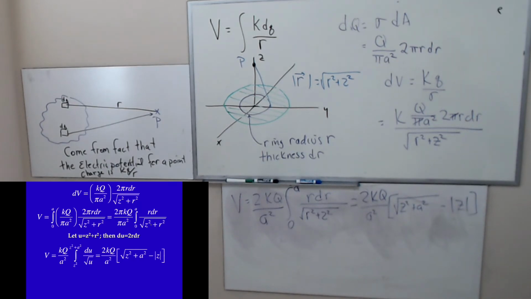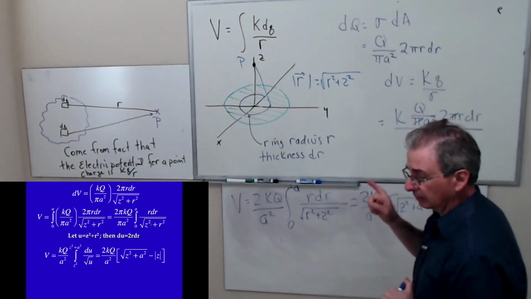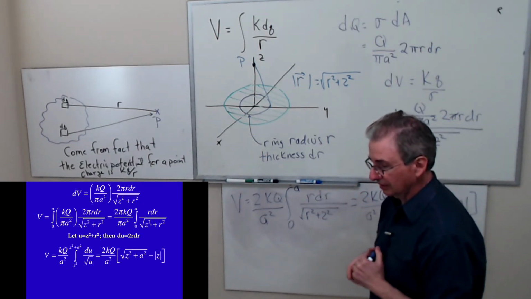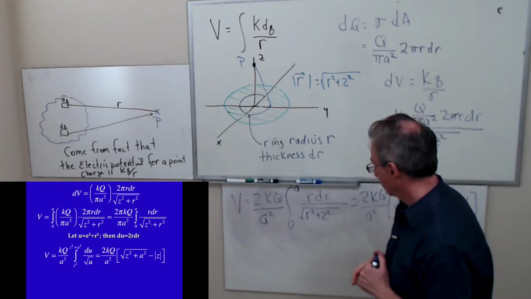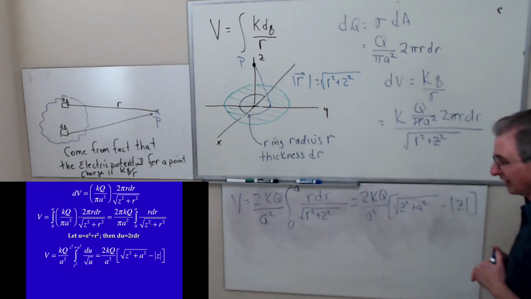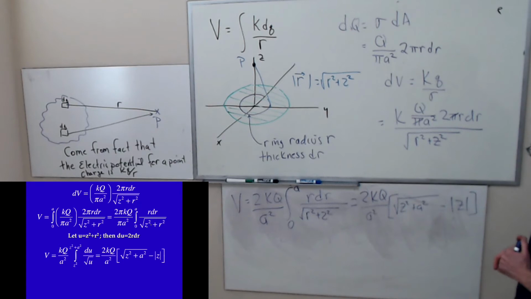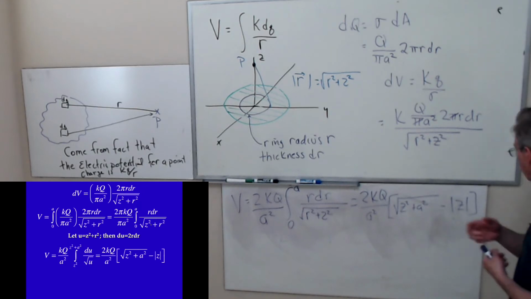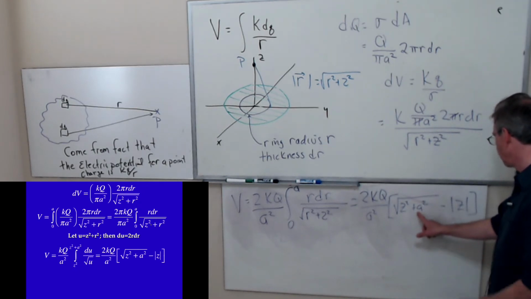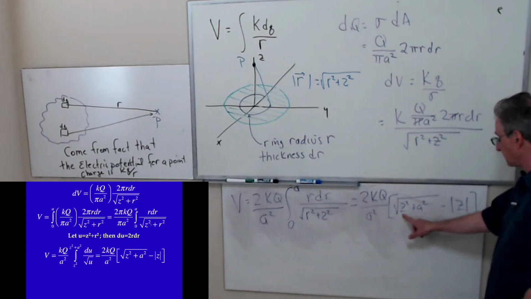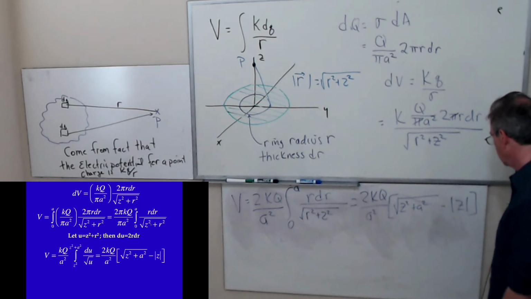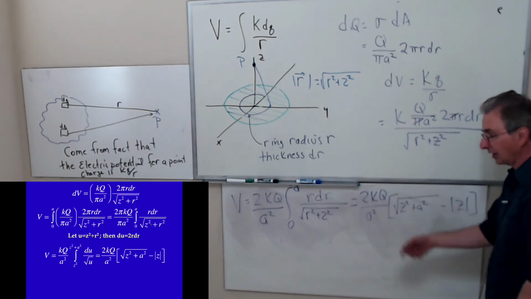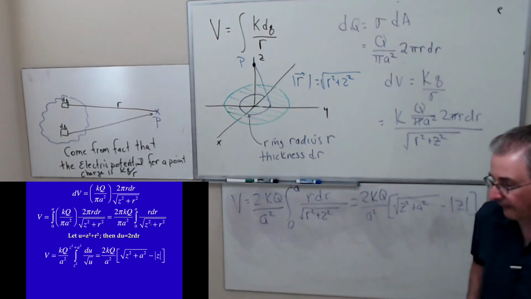Well, what if you're really far away? Then a looks like 0, so you essentially get something like a point charge. This thing is very small compared to this, so you can almost see the kq over a squared term.